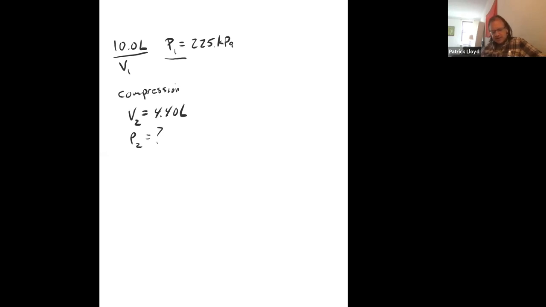By the way, you can write it this way. P1V1 equals P2V2. Notice the similarity between that and the molarity equation. You know, when we were doing molarity, M1V1 equals M2V2, similar form, right? But sometimes people will write it this way, PI VI, initial pressure, initial volume, equals PF VF, final pressure, final volume.